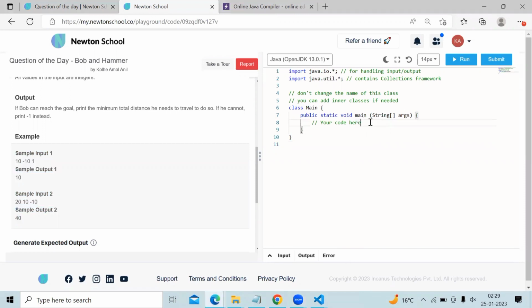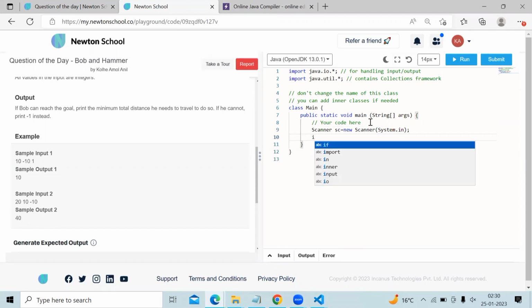We have to take the input from the user. So here I will write Scanner sc equals new Scanner(System.in). Then we have to take the three numbers, which are x, y, and z.